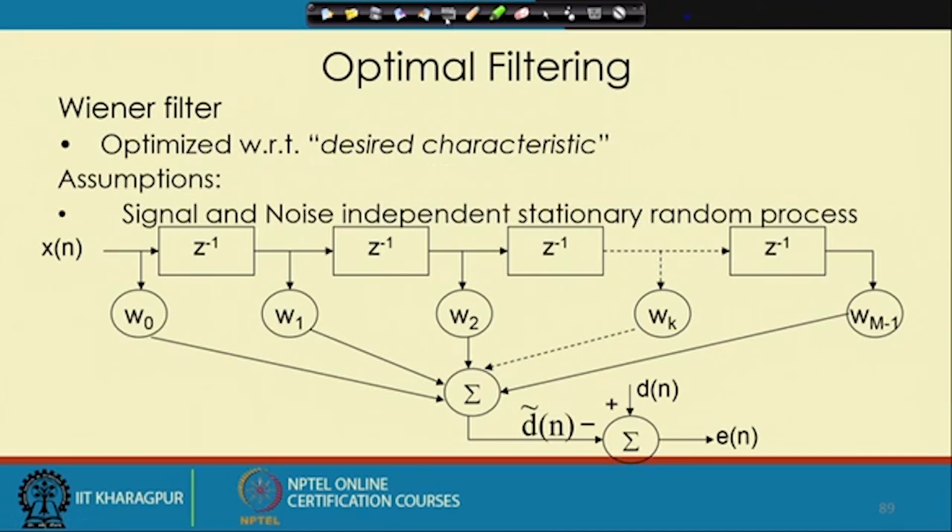So, let us take an example. Let us take a signal.